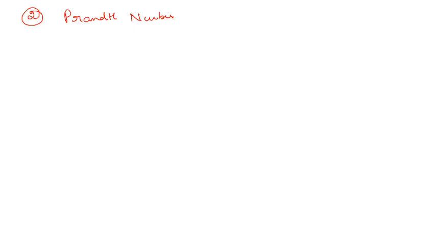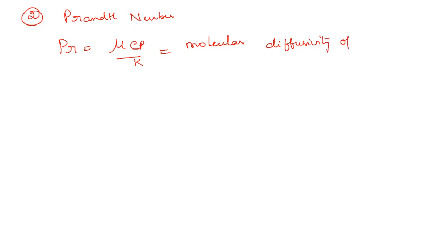Pr is given as mu Cp by K. It is nothing but the ratio of molecular diffusivity of momentum to the molecular diffusivity of heat.